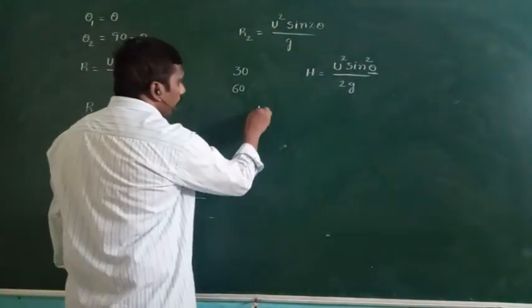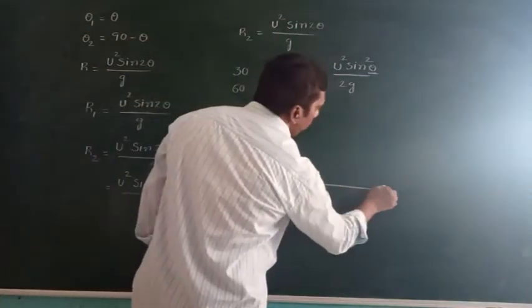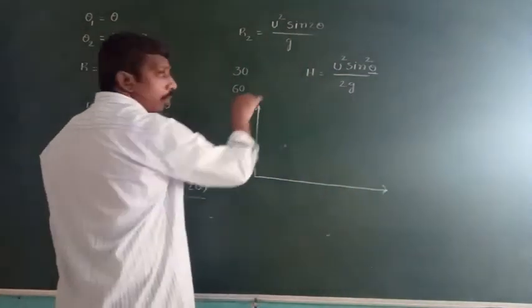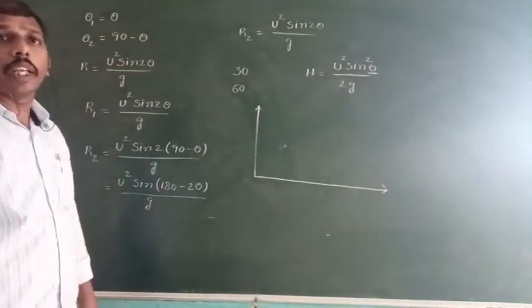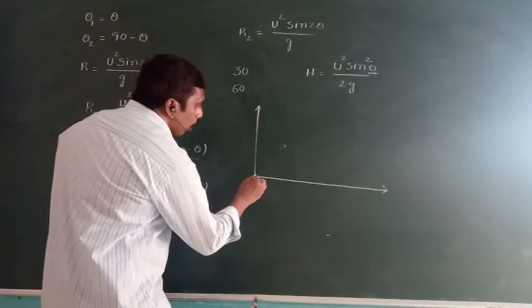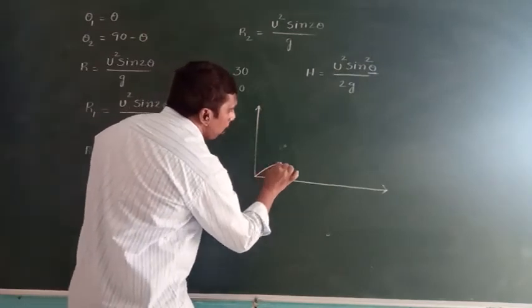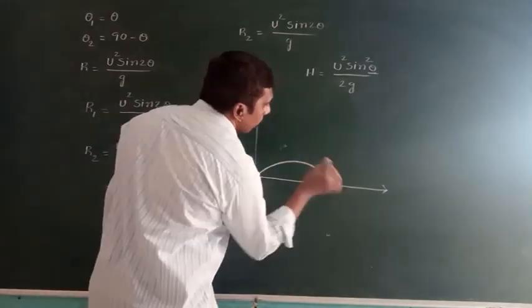I am drawing a diagram. Two bodies are projected with the same initial velocity, one at 30 degrees and another at 60 degrees. The body projected at 30 degrees moves like this.